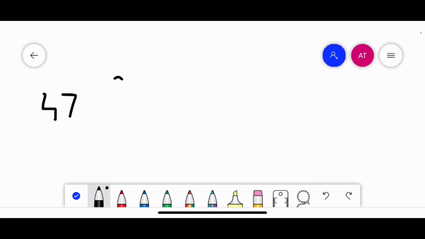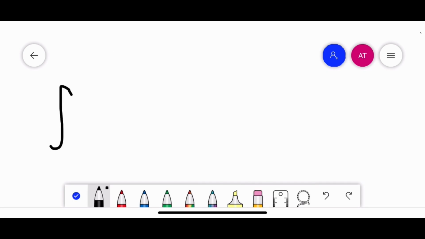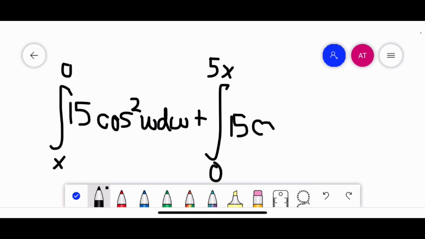Question 47 asks us to find the integral from 5x to x of 15 cosine squared w dw. Again, we have to split the integral so that they go to a constant. So they go from 0 to x, 15 cosine squared w dw, plus 5x goes to 0, integral of 15 cosine squared w dw.